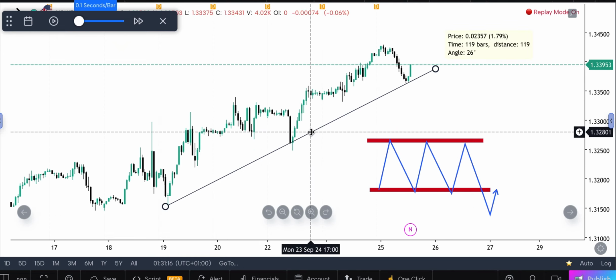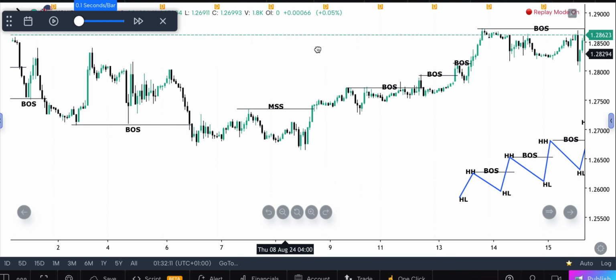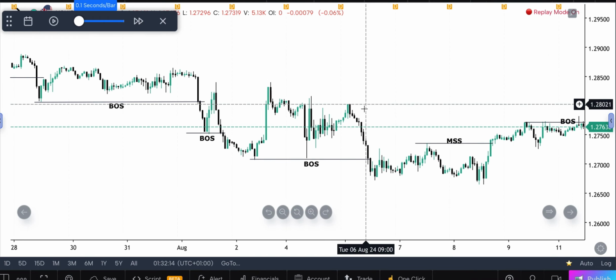When we have a supply, we want to be selling at the supply zone and we want to be buying at the demand zone. So I'm looking for a chart that I can show you guys as an example.